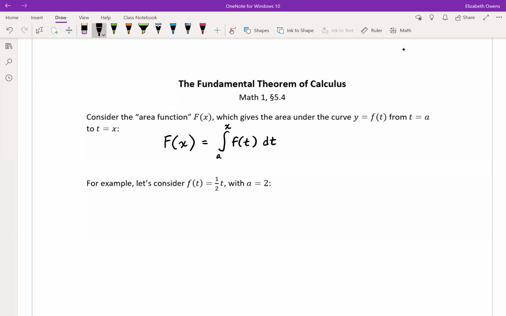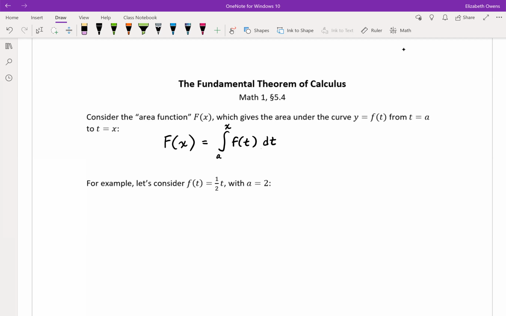So t is the variable inside the integral. It's our variable of integration. We're doing things with respect to t in there. But the overall area function F of x is a function of x, our upper limit of integration. So there's kind of some different things going on here.